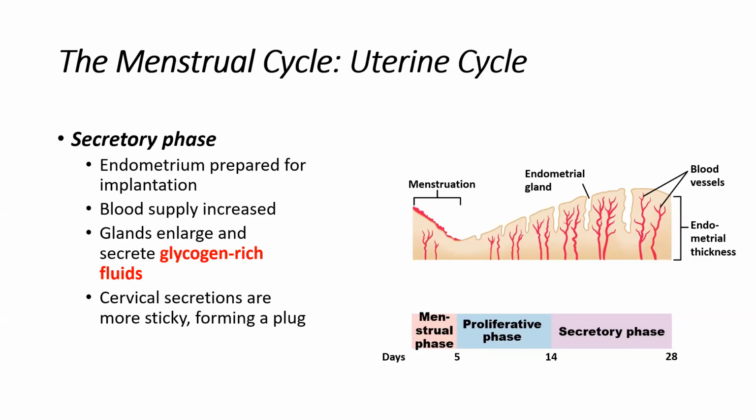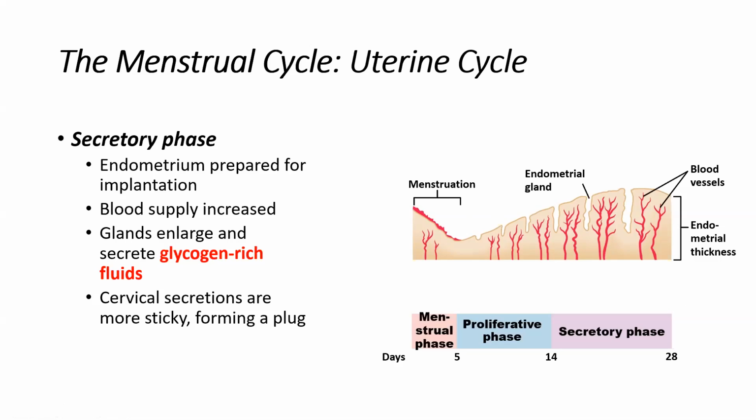So should a ruptured ovum become fertilized, and if we're correlating the ovarian cycle along with this, we know that this is after the rupturing of that ovum. So it is very likely that it could be fertilized at this time. And should it be fertilized, the uterine lining is well prepared for the implantation of that fertilized ovum.